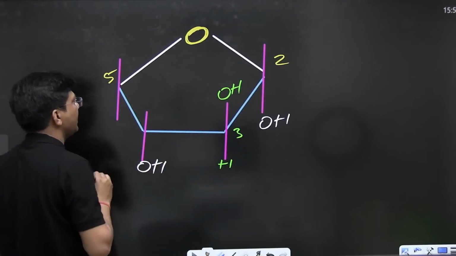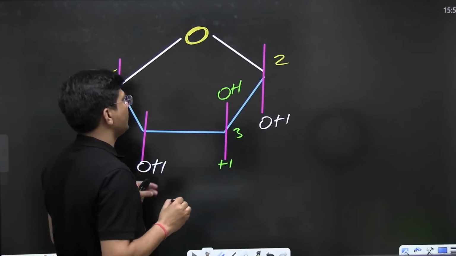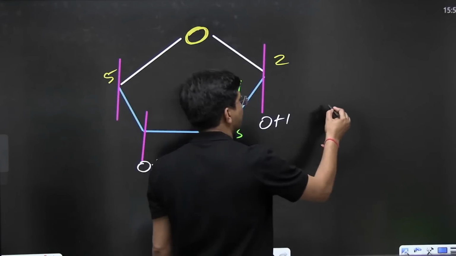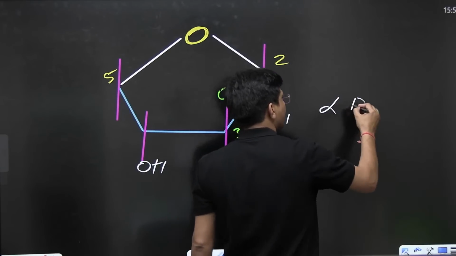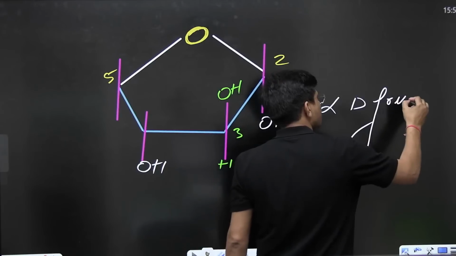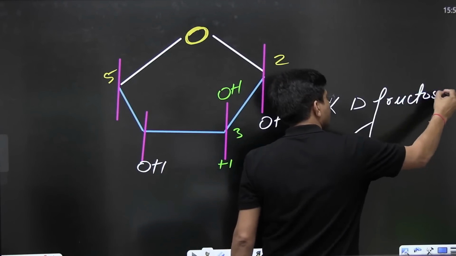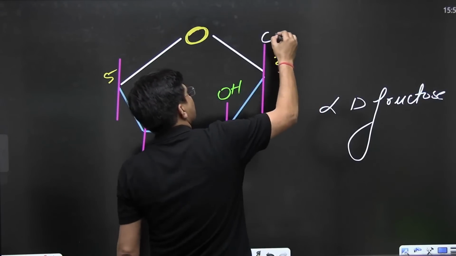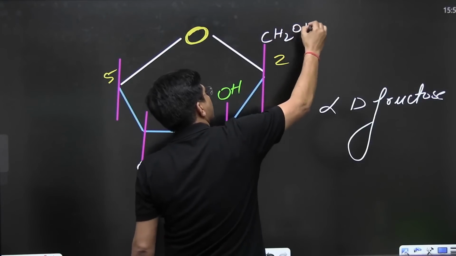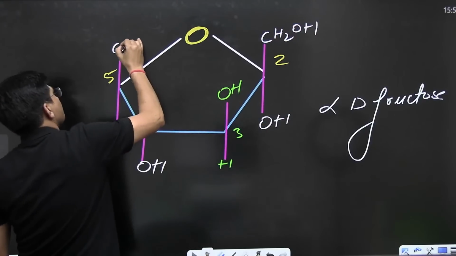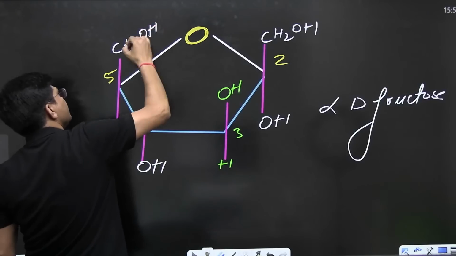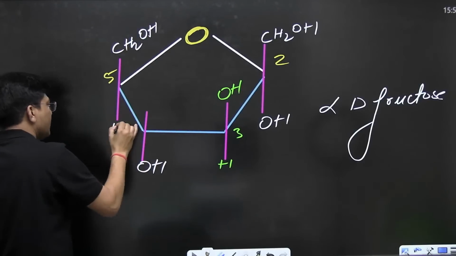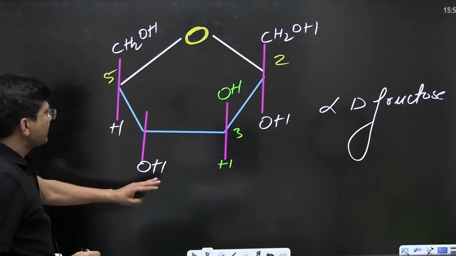Are you getting my point? If we are interested in alpha-D-fructose, I am going to draw the structure for alpha-D-fructose. Now at this place I have to place CH2OH, because this was not part of the ring, and H. Is this clear to all of you?